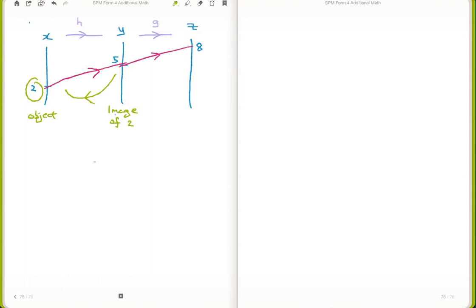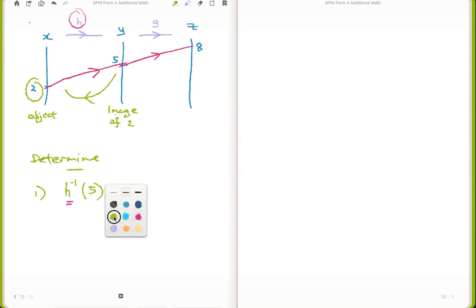Say for example, if you are asked to determine function h inverse of 5. Look at function h here. If you were to invert it, go backward from 5, therefore the answer, straight away you can tell, is equal to 2.